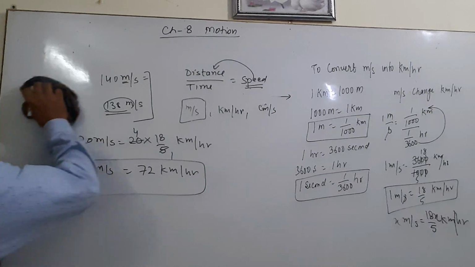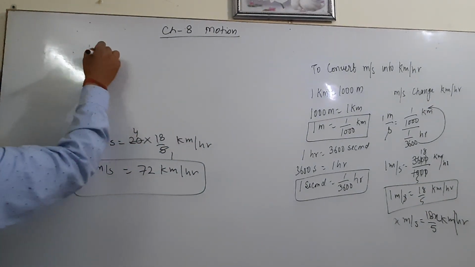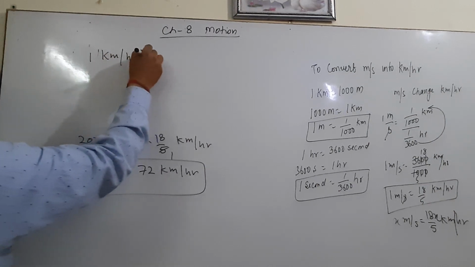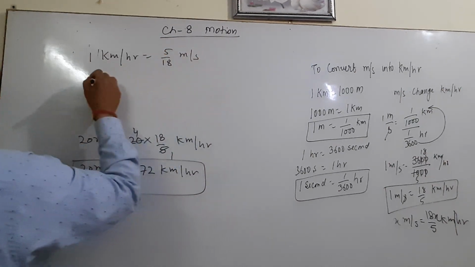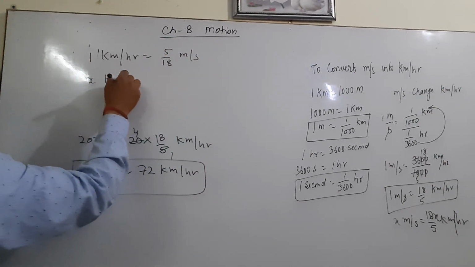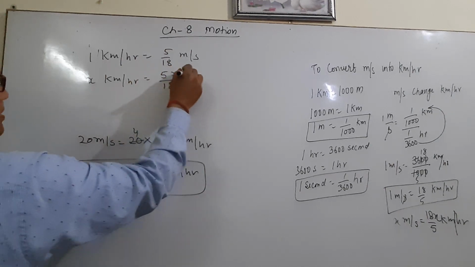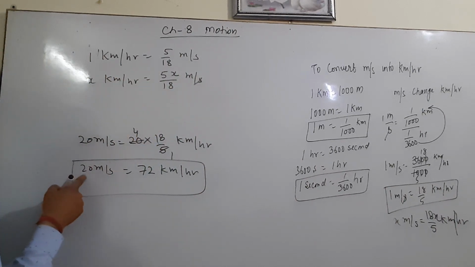Now it's clear. And now one point you have to keep in mind. It means 1 kilometer per hour is equal to 5 upon 18 meter per second, and x kilometer per hour is equal to 5x upon 18 meter per second. It means you have to multiply by x.